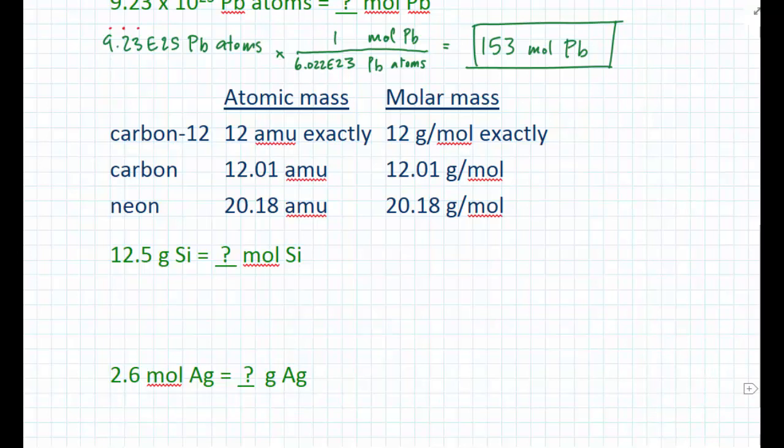You may recall that the atomic mass of carbon-12 was 12 AMU exactly. Okay? The atomic mass unit was the unit that we used to talk about how massive an atom is. And by definition, carbon-12 was 12 AMU. Well, it turns out by definition, the molar mass of carbon is also 12 with the unit of grams per mole.